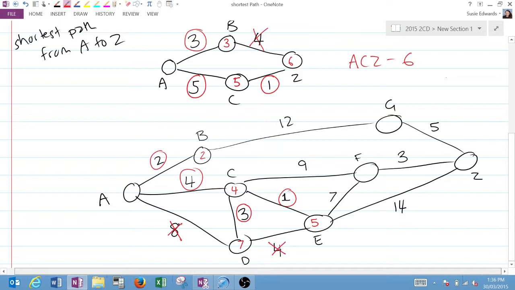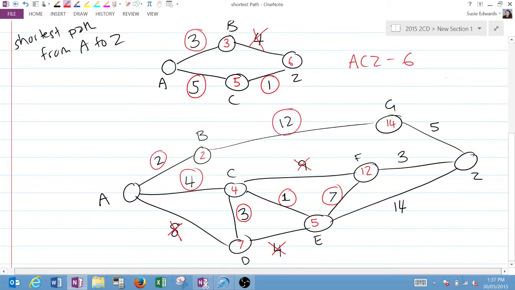All right, F. 4 plus 9 or 5 plus 7? 5 plus 7. Circle the 7. Cross out the 9. All right, then we need to go up to G because we always want to do our last pathway last. Okay, so we got to G. What would be the quickest way to get to G? 12 plus 2, which is 14.